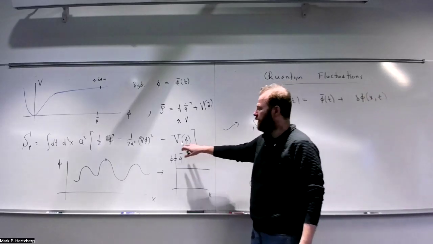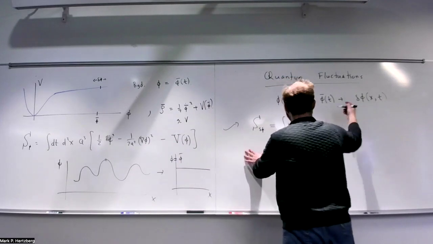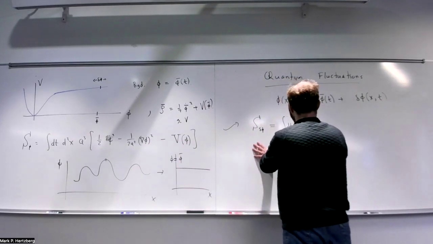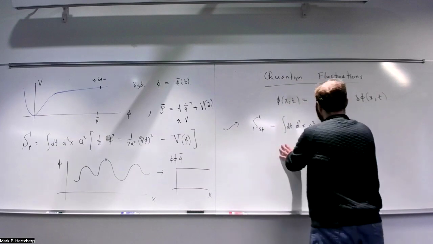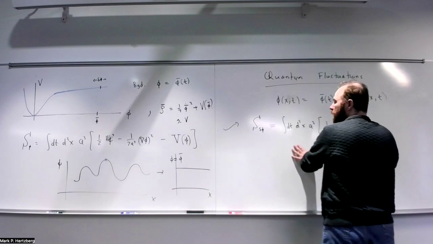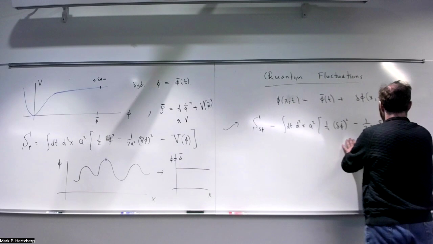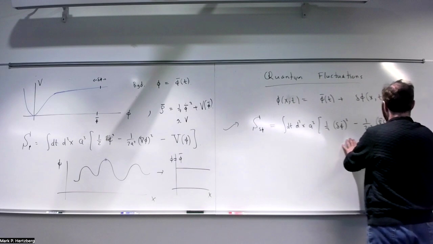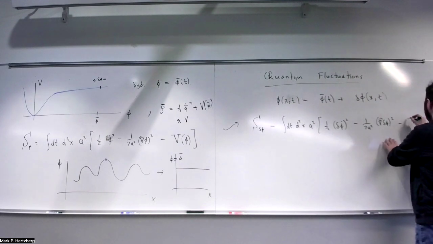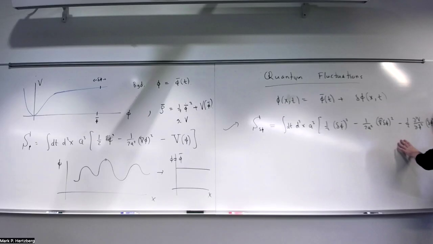You just expand this thing to the quadratic order, assuming delta phi is small. Okay, that's the quadratic action.